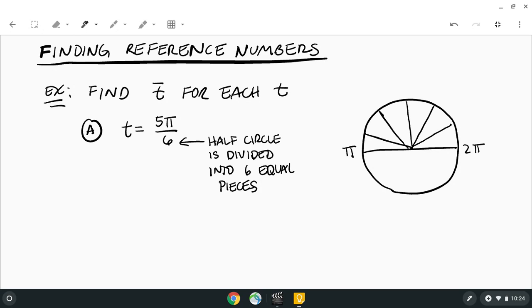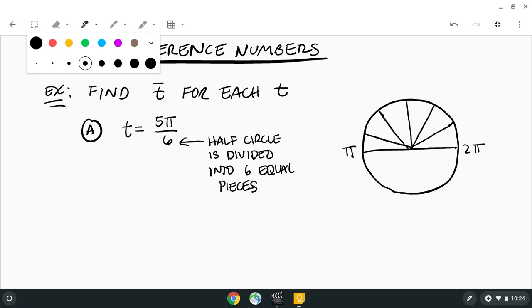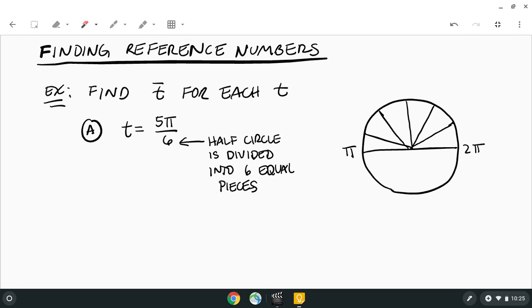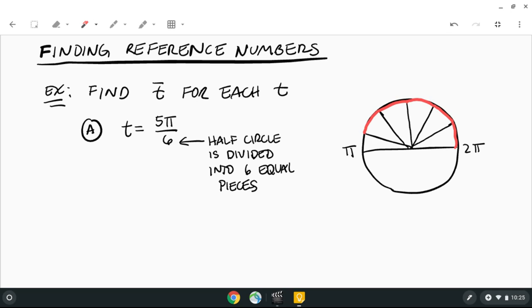We went 5/6 of the way, right? Let me take my red. This here is 1/6, here is 2/6, that's 3/6, 4/6, 5/6. So my terminal point is right here.